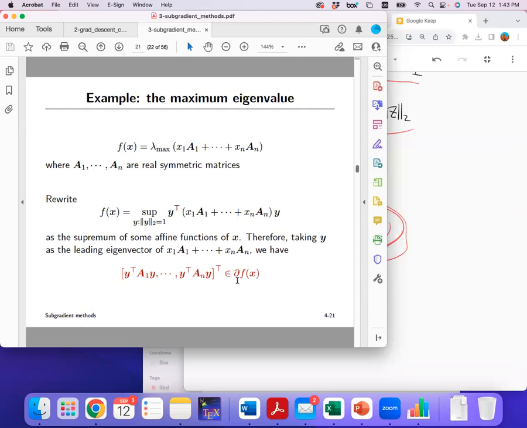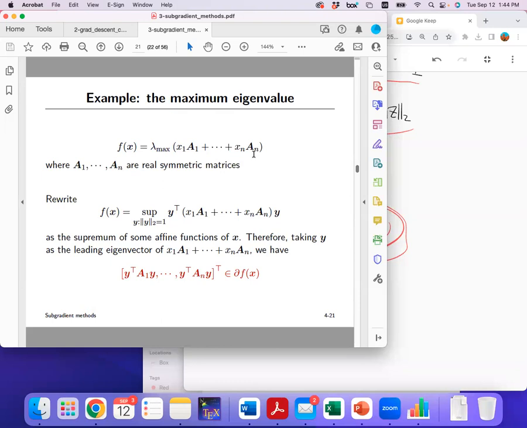And the maximum eigenvalue of matrices: we have seen in the previous examples that the eigenvalue of a matrix can be rewritten in a supremum form. f(x) is x1 A1 plus up to xn An, so it's a linear combination of A1 through An, where the coefficients are given by x.